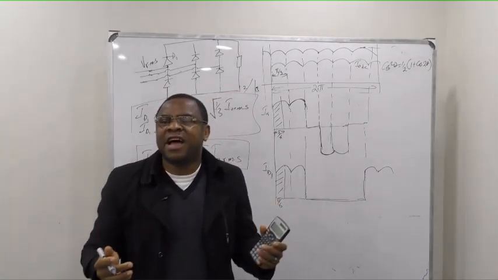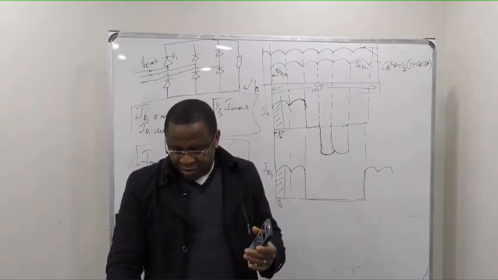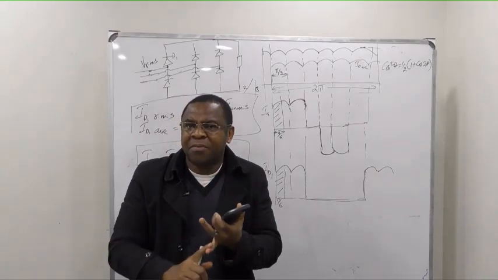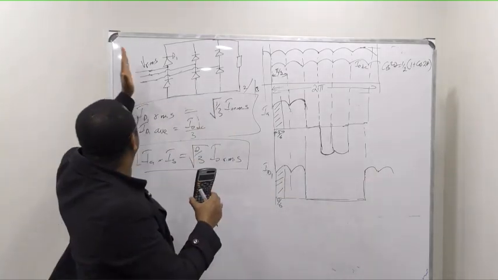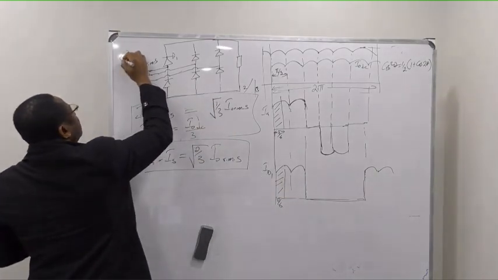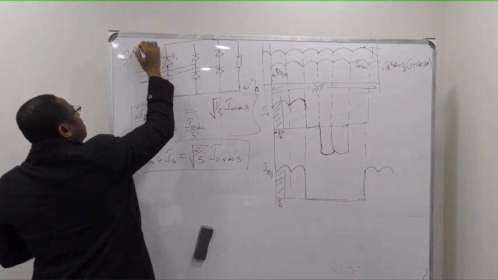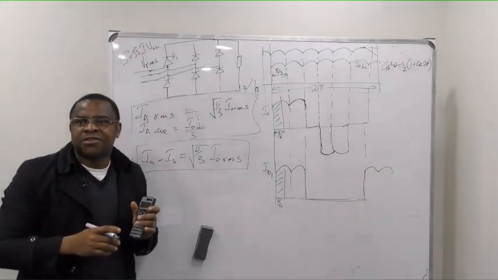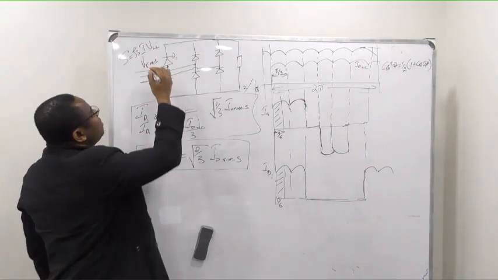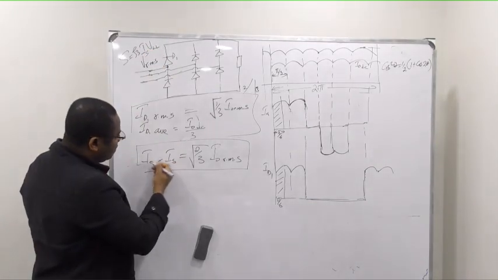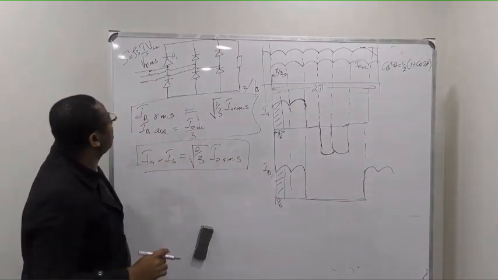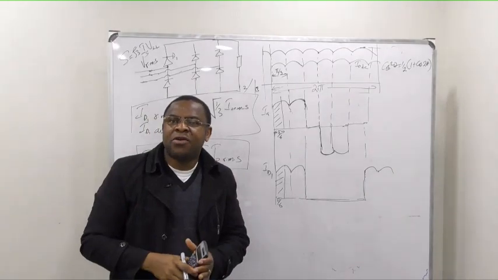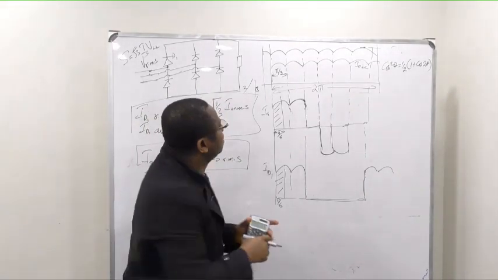There are some other factors that we need to know, like your apparent power. Apparent power S is √3 IS VLL, where IS is the source current we have here. And remember your peak inverse voltage.